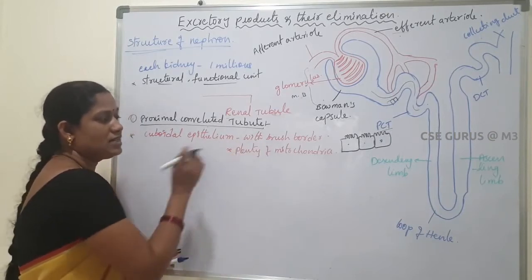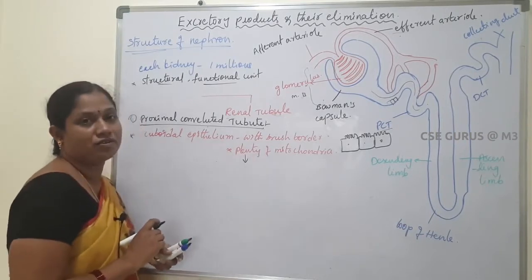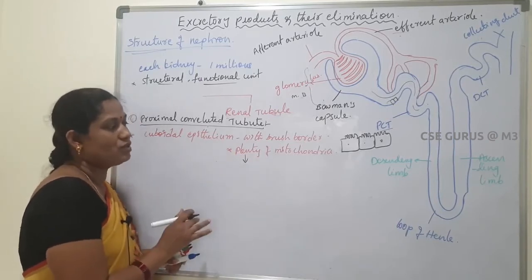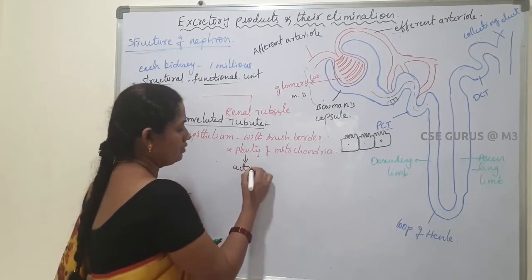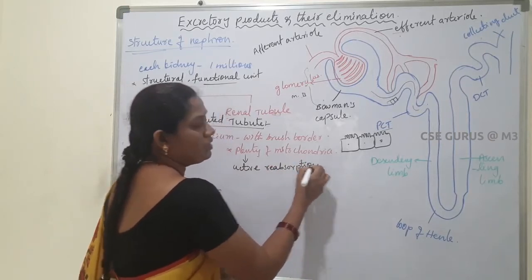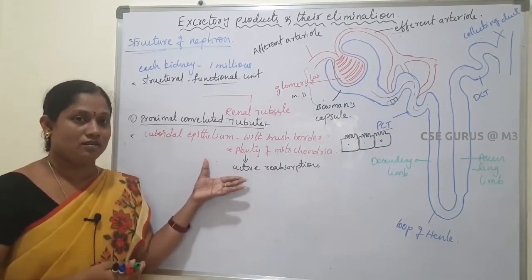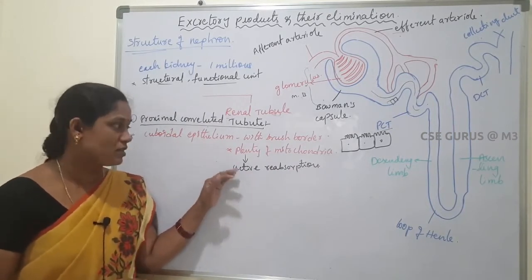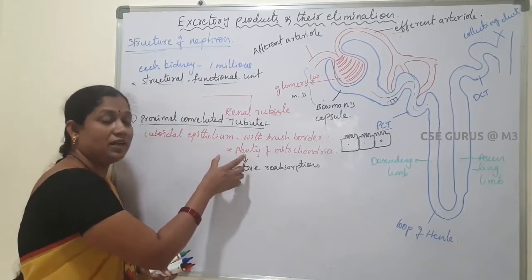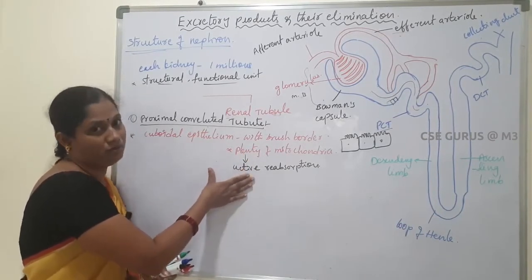Next, it has plenty of mitochondria. Why? Here mainly active reabsorption takes place. The major reabsorption process takes place in the PCT. Mainly glucose and amino acids are absorbed by active transportation.